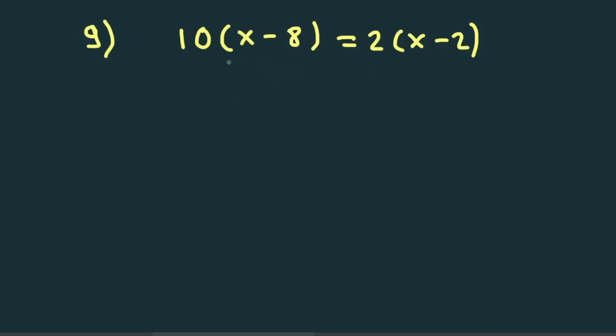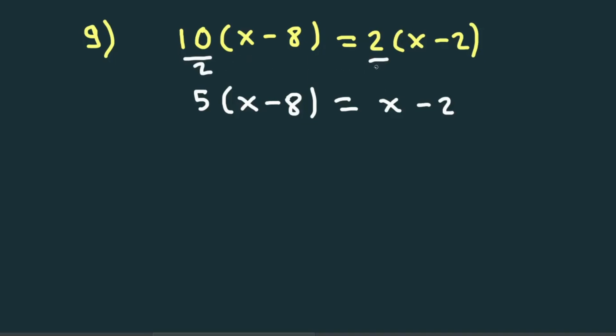Example 9. Here I can divide both sides by 2, or I can just expand the brackets. So the easy way is to divide both sides by 2. So we'll have 5x minus 8 equals x minus 2. Since I divide this by 2 and this by 2, this will cancel out.